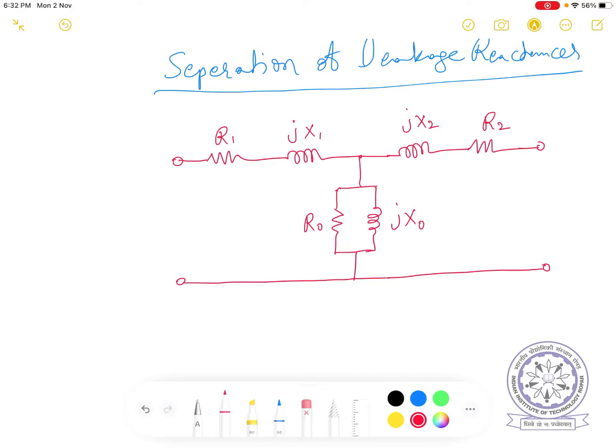Suppose these two terminals are accessible, this terminal and this terminal. Suppose I could connect a voltage source V here, and then measure the current through this ampere.